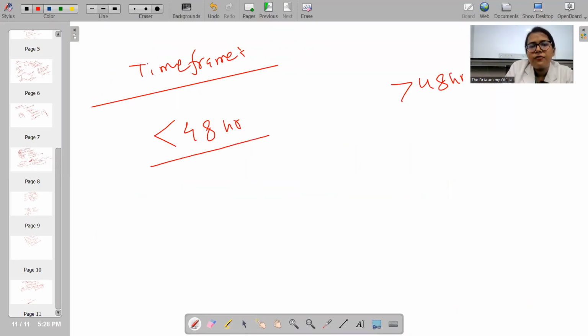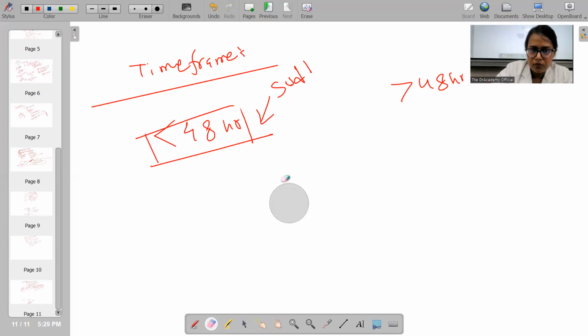If it is less than 48 hours and you are sure of this, from the onset of the symptom, and the patient has presented to you within this 48-hour time zone, then you can go for the electrical or the chemical cardioversion.